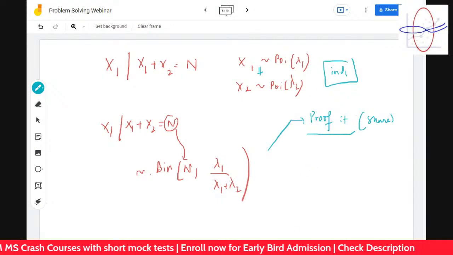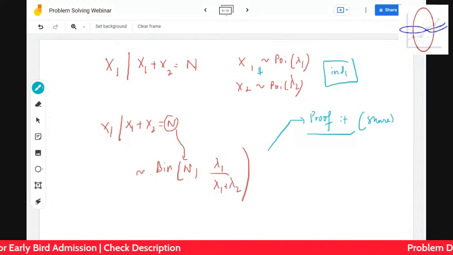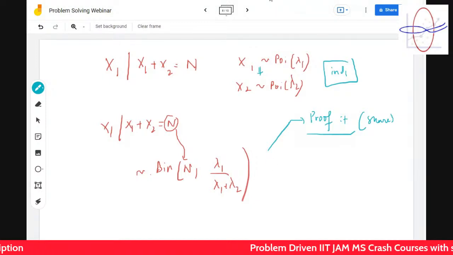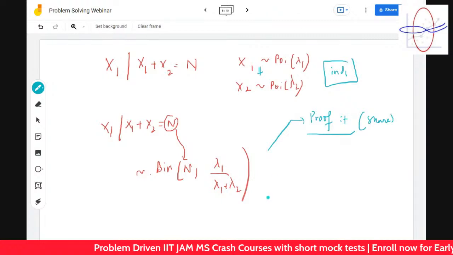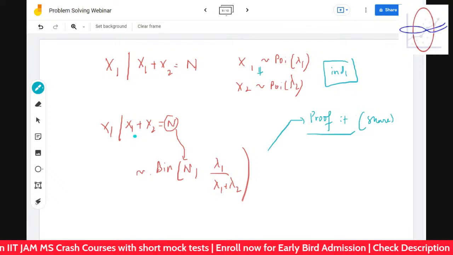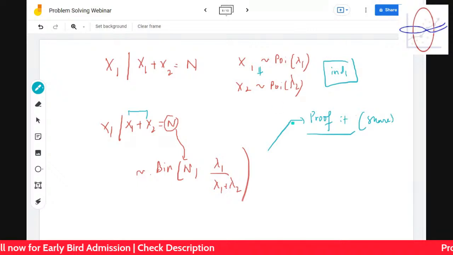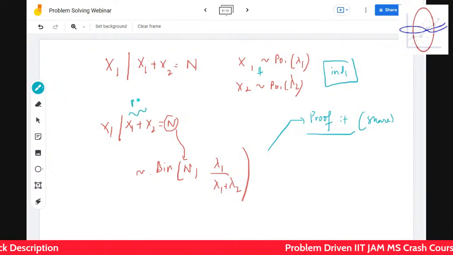So writing mathematics is super important. We will use this idea, but now what I will show you is an intuitive explanation of this. The proof is very easy. I'm not going into the details because you are capable of doing that. You know the definition of it. Sum of two independent Poisson is again Poisson, lambda 1 plus lambda 2.